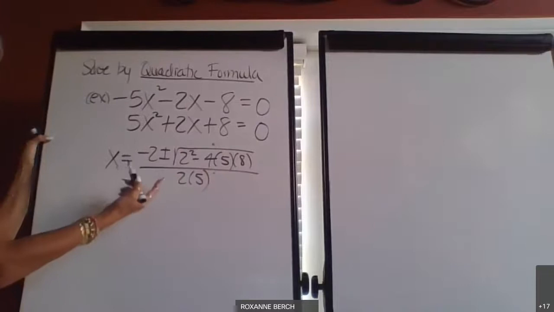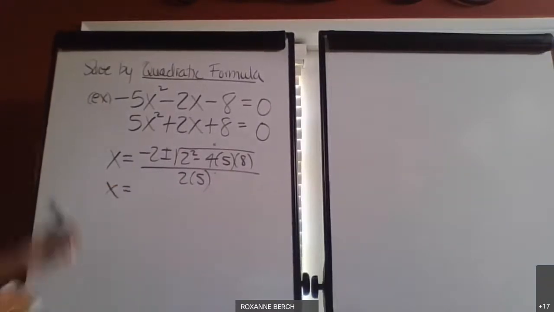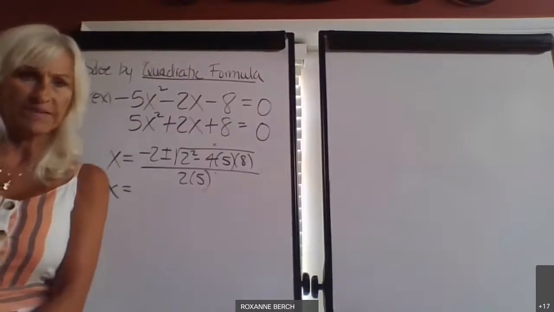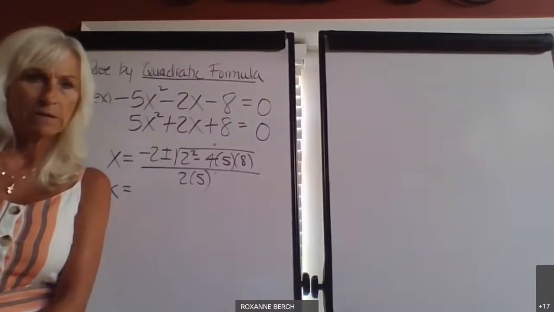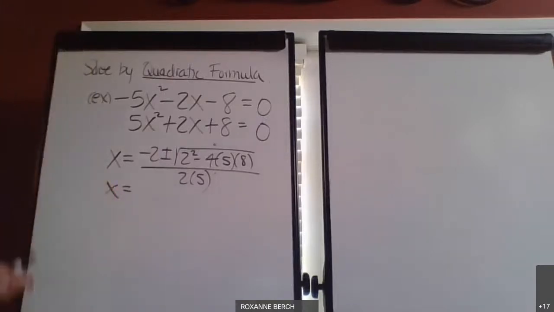So notice how my problem looks much nicer than theirs. And not only that, but they're going to end up with a negative in the denominator. We're not going to end up with a negative in the denominator. And they're being inconsistent because they left the negative in the denominator.